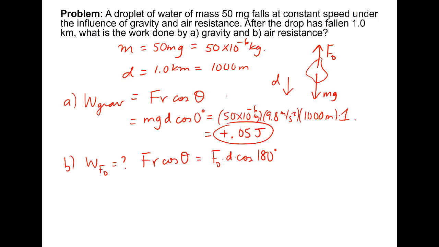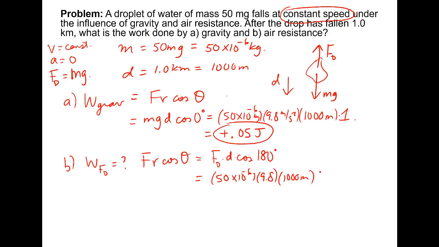We have a hint in the problem statement: it's falling at constant speed. If v is constant, that tells us that a is 0, and from our last unit, we can say that the drag force must be equal to mg. It's the same exact force. It's the exact same calculation, 50 times 10 to the negative 6, 9.8, 1,000 meters, and now we have the cosine of 180, which is negative 1. So we're going to get about negative 0.05 joules.